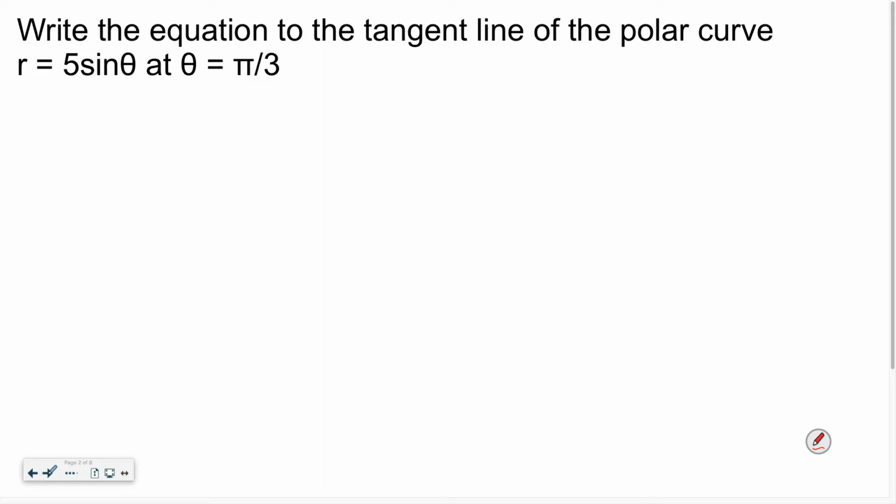Write the equation. We're going to do this together. We are going to write the equation to the tangent line of the polar curve r equals 5 sine theta at theta equals pi over. Okay, so how do you know on an AP test when they actually want you to find the literal tangent line and when they want you to find the derivative?